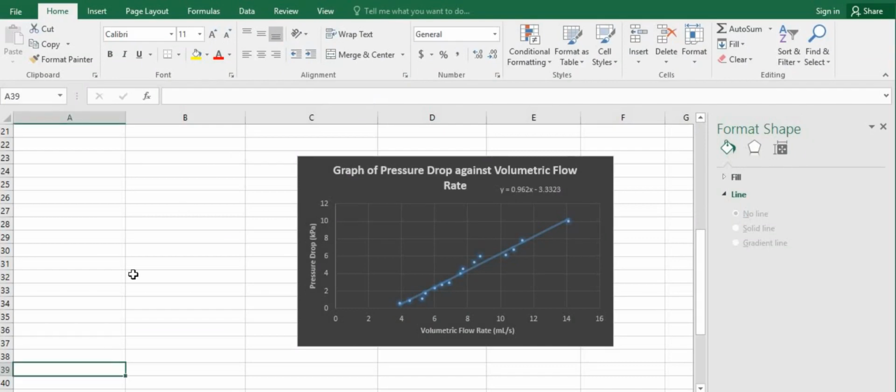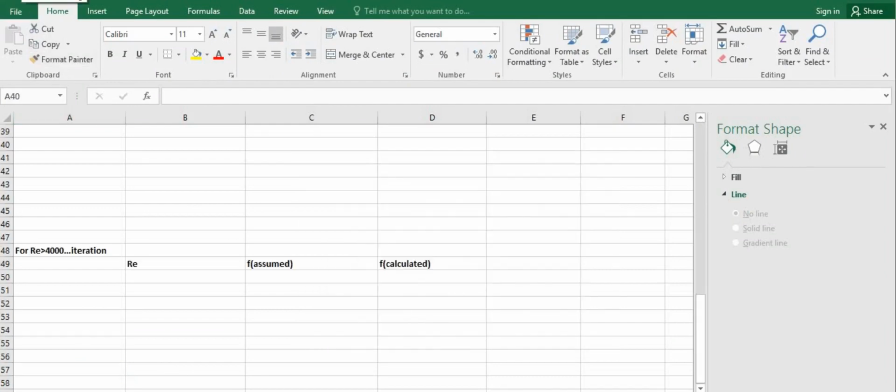So for this part of the question, for Reynolds number greater than 4000 iteration, we can input our values of Reynolds number here down this column, and then we'll have to assume an initial value of F and then input the formula for F so that this value will be in terms of this value.